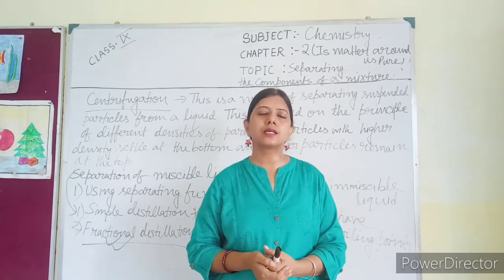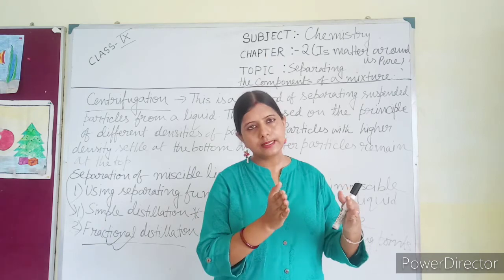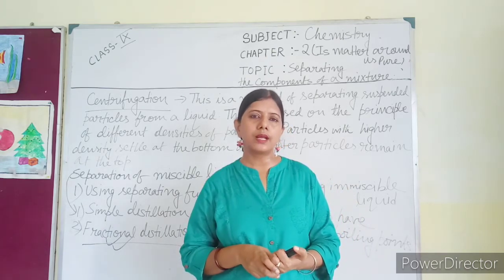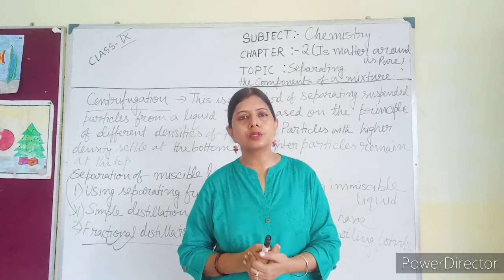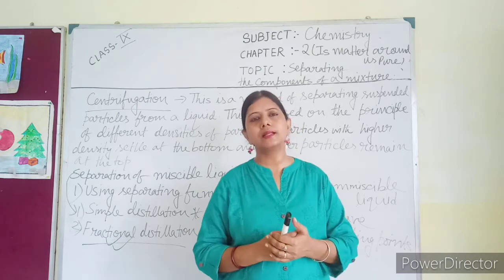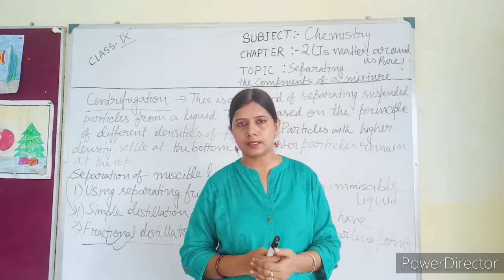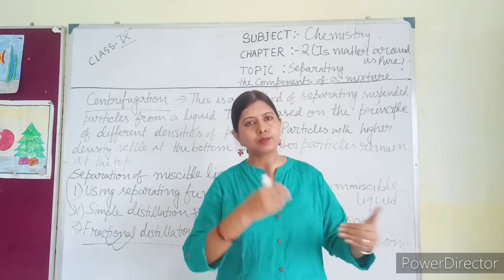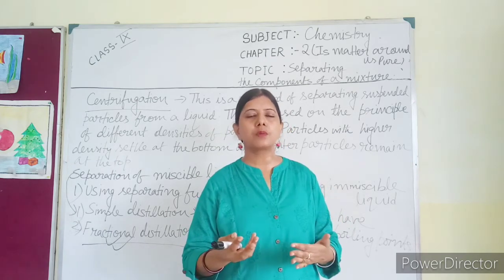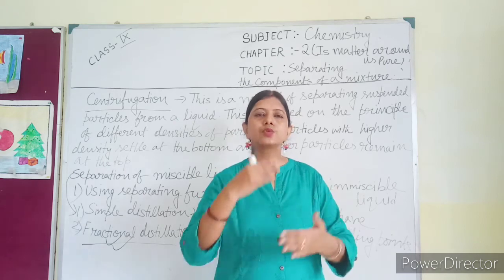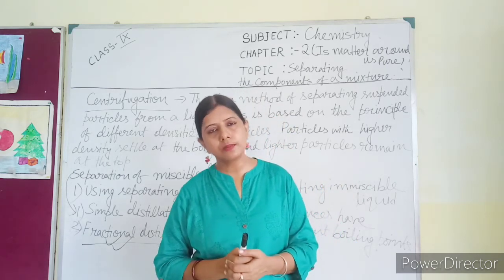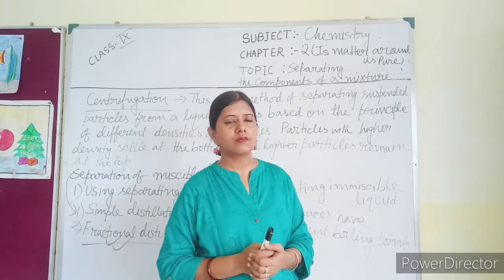Then the dye which is absorbed a little less fast, its spot will be at another point. So it depends upon the principle that different colors are absorbed by water at different rates. That is, water cannot absorb all the colors at the same rate. If the absorption rate is more, it will be collected at a higher level. So this is also another special method of separating the components of a mixture.